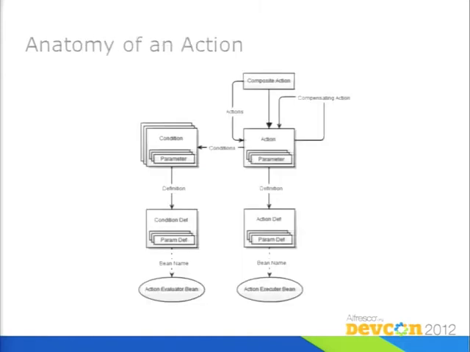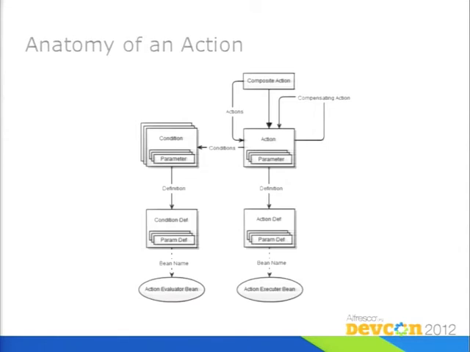The action itself, as I said, it can have parameters. We basically have definitions, so we can define the parameters that we need in the action definition. We can also have conditions, so to our action we can say these conditions need to be met before we can execute the action, and generally that will happen before any transactional code happens.